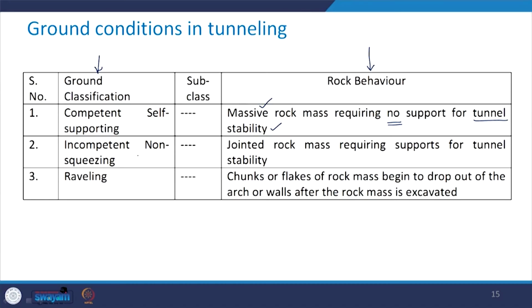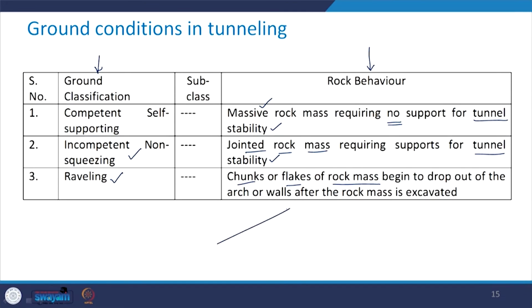The second category is incompetent non-squeezing. This has jointed rock mass and it requires support for tunnel stability. The third one is the raveling ground condition. In this one, chunks or flakes of the rock mass begin to drop out of the arch or walls after the rock mass is excavated.